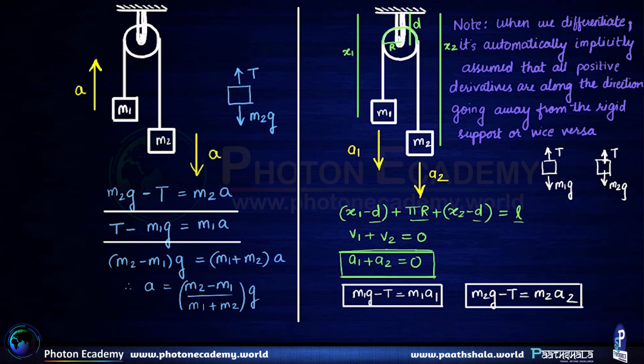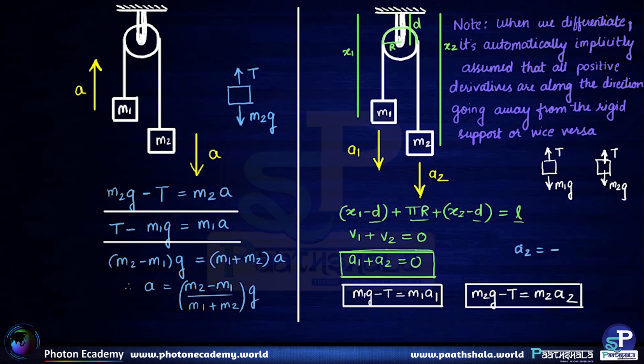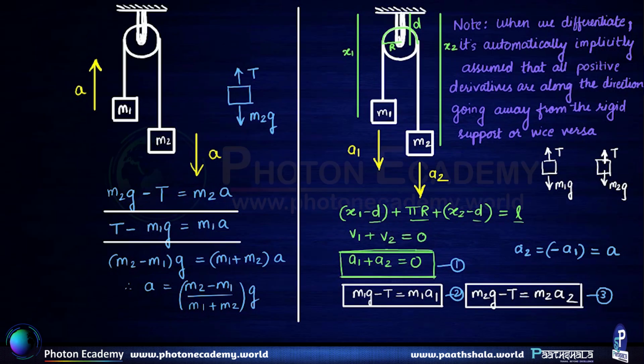So if we put a2 equal to minus a1 and we put a2 equal to a, then these three equations, equation number 1, 2 and 3, will boil down to equation Roman numeral 1 and Roman numeral 2 over here. So ultimately you are going to get the same answer.